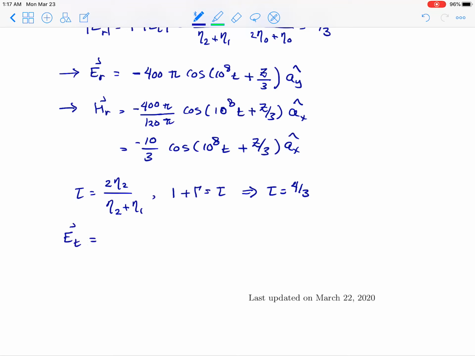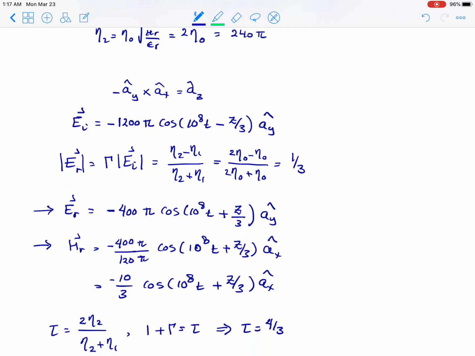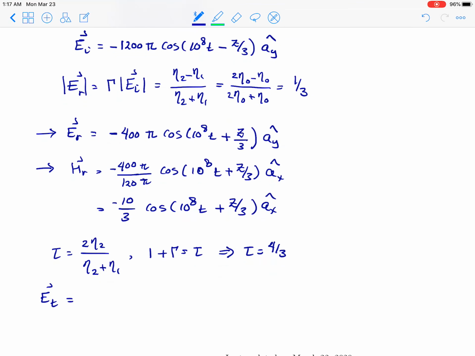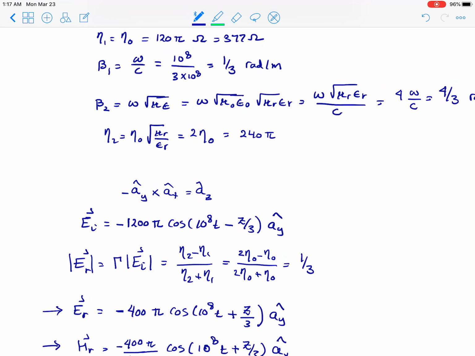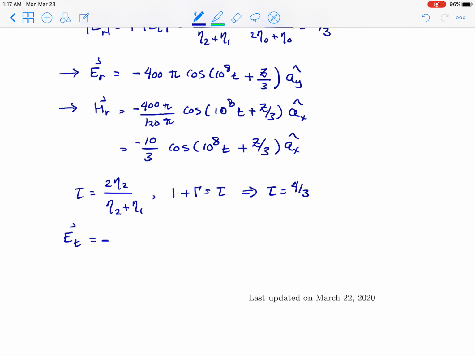That means the transmitted electric field will be the incident electric field, which is here, minus 1200 pi, multiplied by tau, which means minus 1600 pi cosine 10 to the power 8 t.